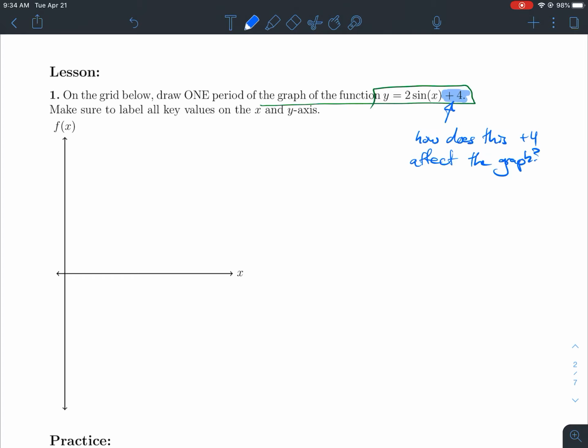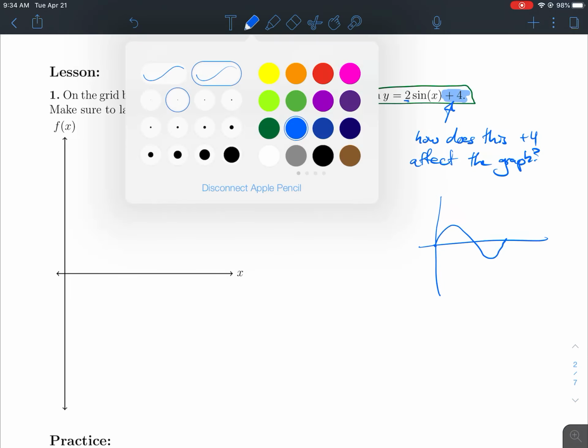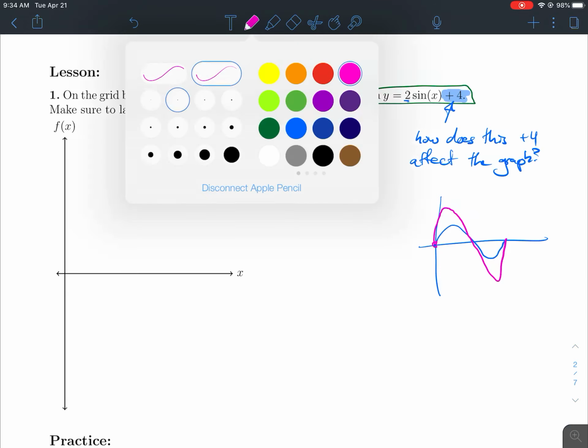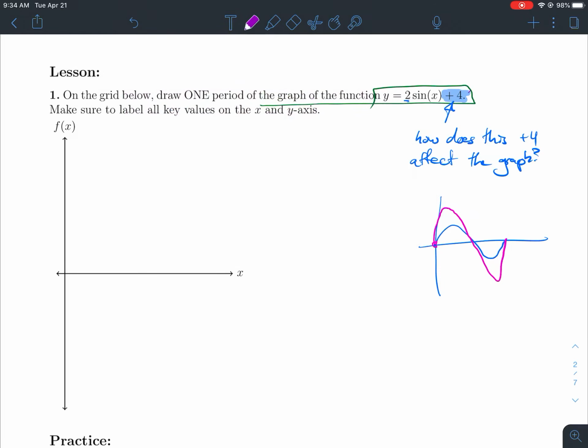So if you think about this graph without the plus 4, well, it's just going to be like a normal sine graph. It's not going to be flipped because it's positive. The 2 is going to make it twice as tall. But we've talked a lot about adding numbers outside of the parentheses, or outside the function.